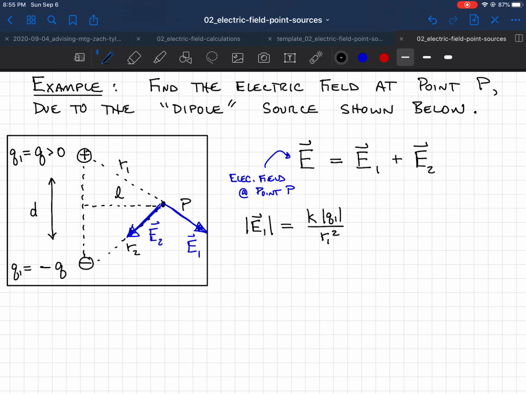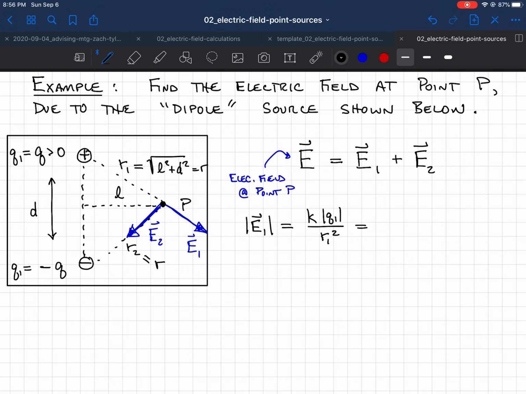Now, R1 is just this distance from the point charge to the point in space, and so that's going to be equal to, I guess, the square root of L squared plus D squared. Let's just call that R. And the reason I'm calling it R is because this thing will be exactly the same, as you can see from the bottom triangle.